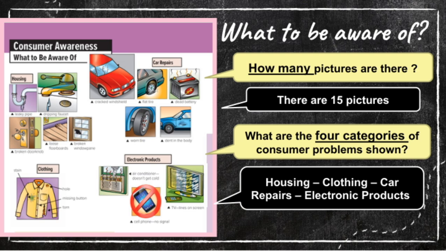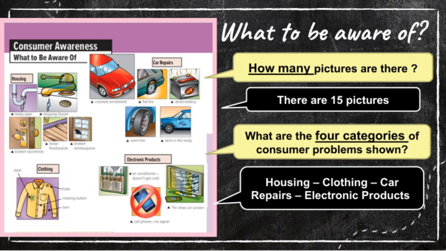It's important to keep track of these images because they help us visualize the types of issues consumers encounter daily. When you're aware of these categories and their common problems, it helps you become a more informed consumer. Knowing what to watch out for can save you time, money, and frustration.